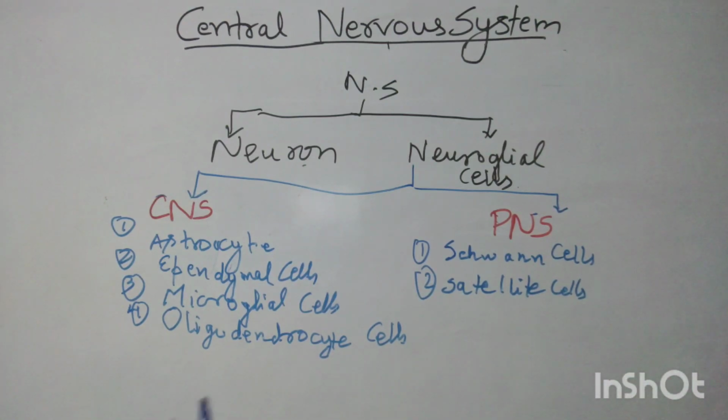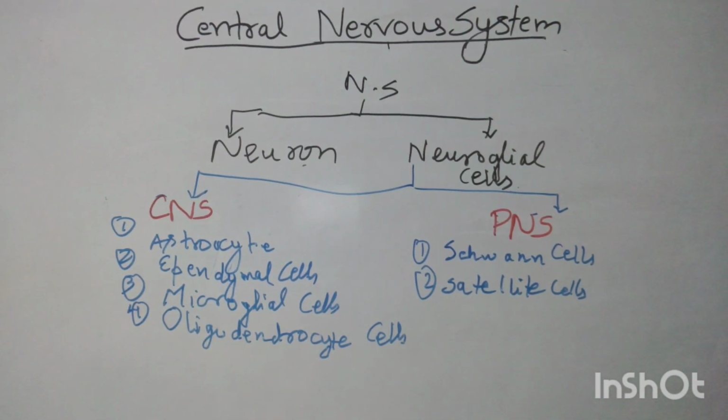Now, the choroid plexus forms the CSF, present in the third ventricle, goes to the fourth ventricle, meninges or covering. Ependymal cells are also present there. Microglial cells.